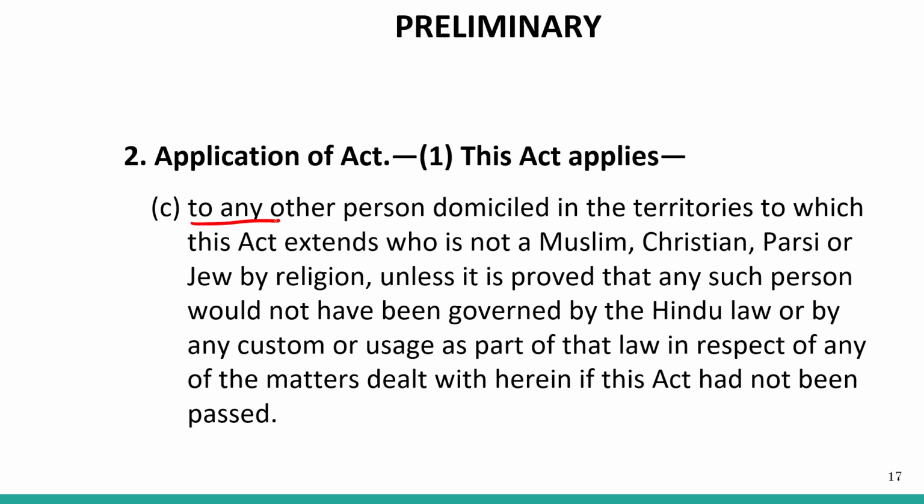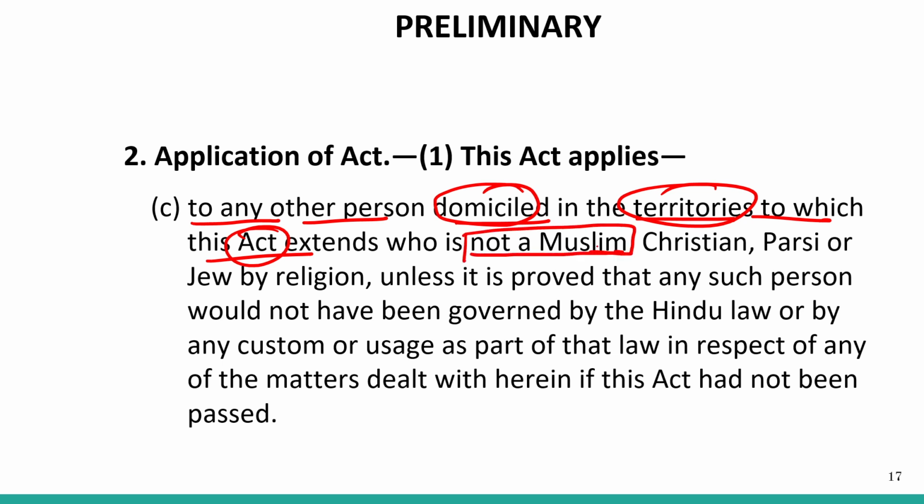It will include any person domiciled in the territories to which this act extends. So it means this act is applicable to almost everyone who is domiciled in the territories to which this act extends. But who is not included is, first and foremost, Muslims.